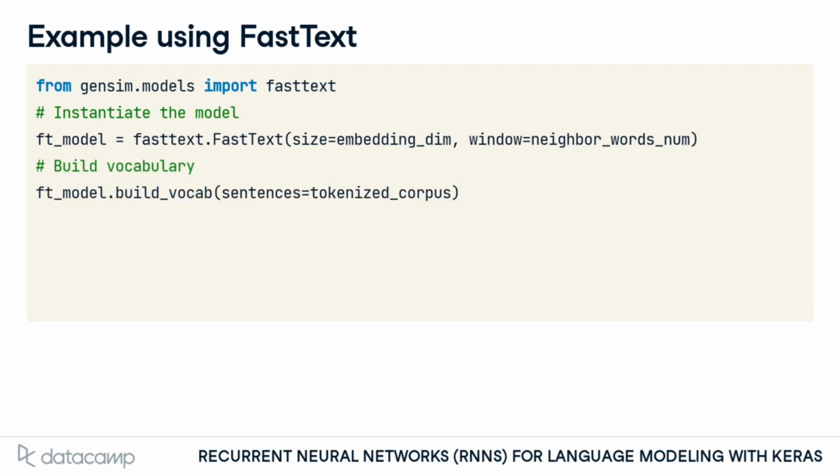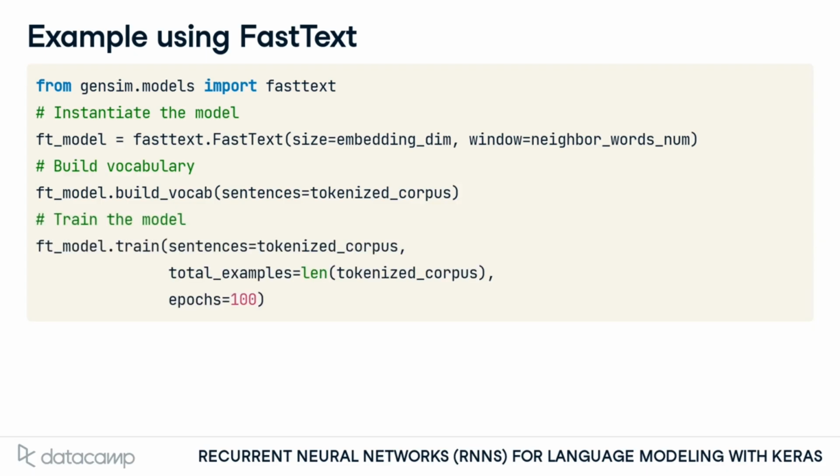Then, we build the vocabulary based on the corpus. Finally, we train the model by passing the corpus, the total number of documents or sentences in the corpus, and the number of epochs to train. The same methods, such as finding similar words, are also available on the FastText class.